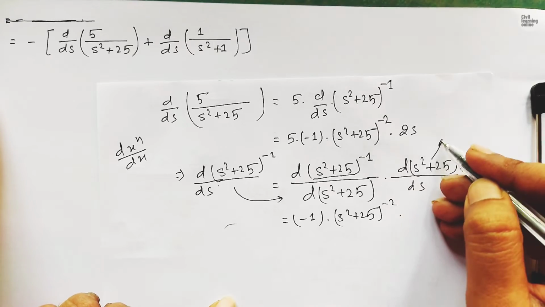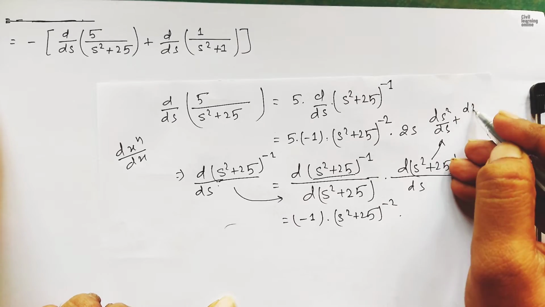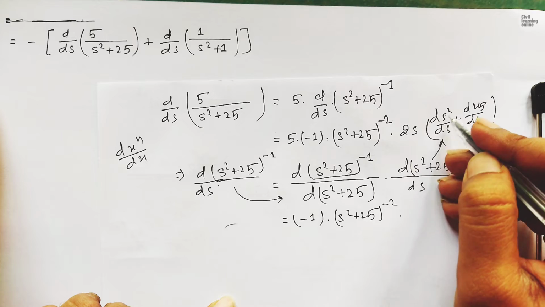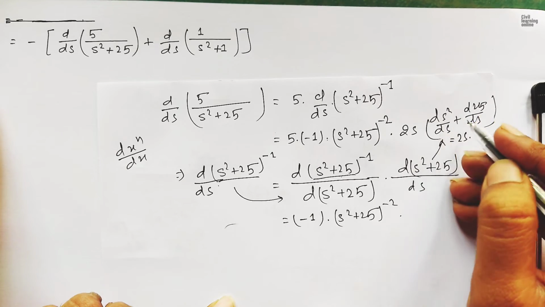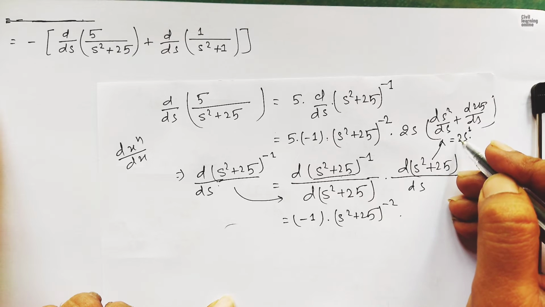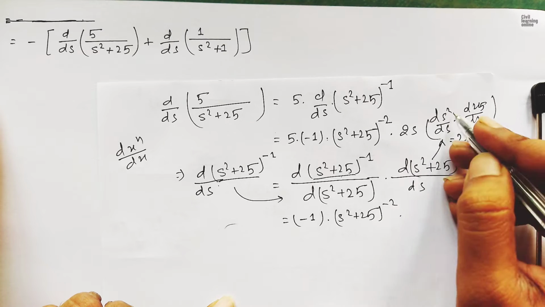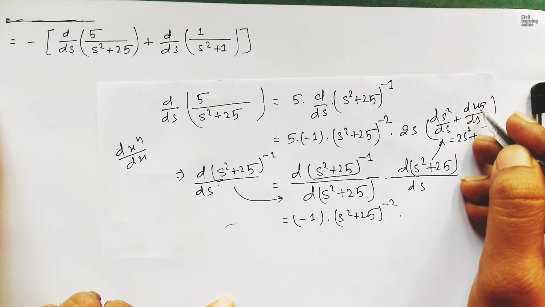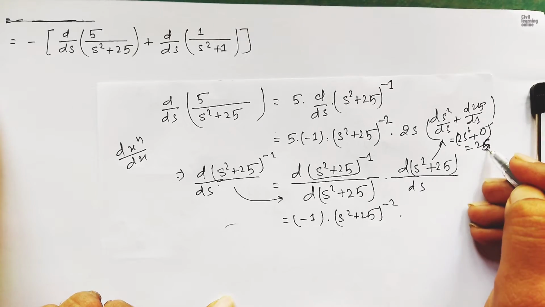This gets split as d(s square)/ds plus d(25)/ds. So derivative of s square upon ds is 2s times s to the power 2 minus 1, which gives 1. Okay, x to the power n means n times x to the power n minus 1. 2 minus 1 will get 1, plus derivative of 25, constant, is 0, so we will have here 2s.